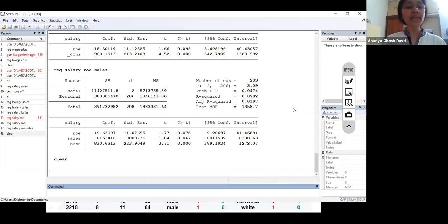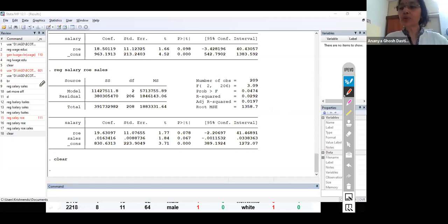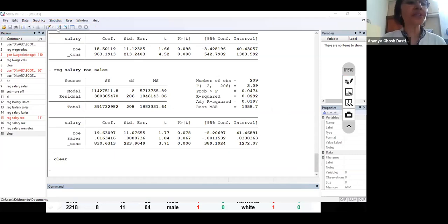Now, once I'm in Stata, what do I do? I will open the Stata data editor. Where is the Stata data editor? Please look at the top of your screen. This is where I will find the Stata data editor. Now you see, if you lightly take your cursor and hold it over here, you will see it also shows it.